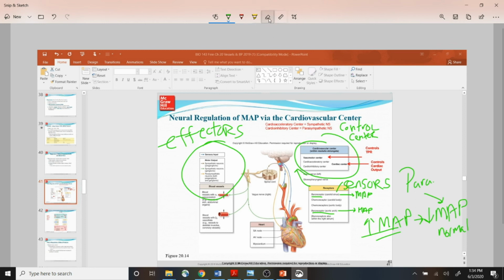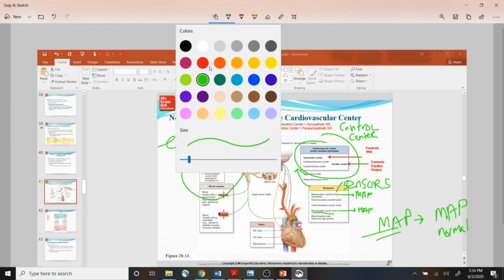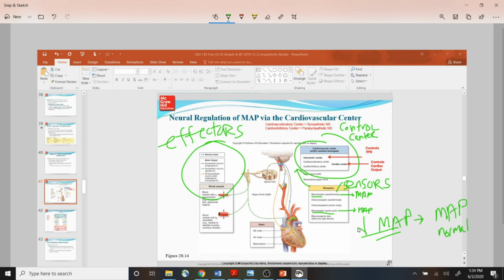Vice versa, what if my blood pressure is lower and I want it to increase back to normal? The sympathetic nervous system is in charge of increasing blood pressure. So my vasomotor center and my cardioacceleratory center are going to be active.